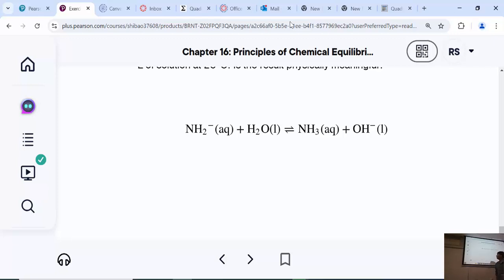And in Chem 1A, this would be going from a stronger base to a weaker base. So amide is a stronger base than hydroxide. And water is a stronger acid than ammonia. And so we're going from stronger base, stronger acid, to weaker acid, weaker base. And so we have driving force.